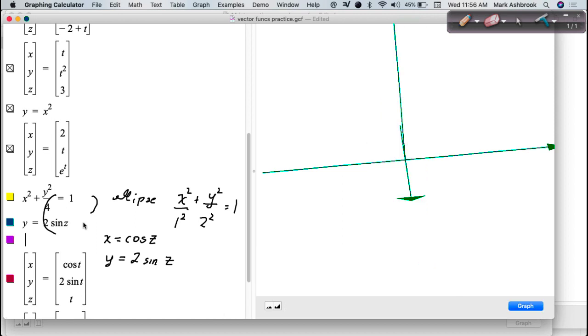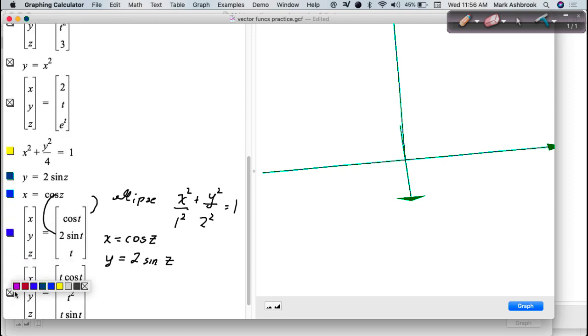So what was the other one? x equals cosine z. I don't know how well this is all going to show up here. These are my 3 lightest colors. We'll make this dark blue. I don't have a radius choice. Okay, let's see what happens.